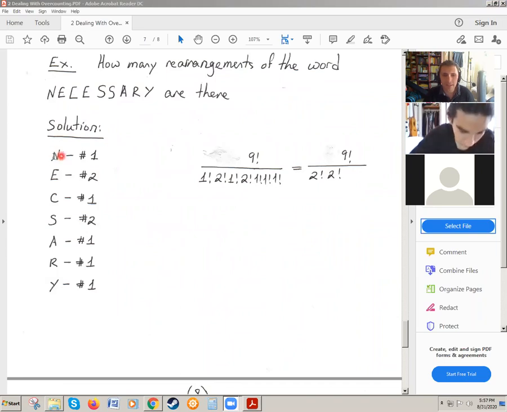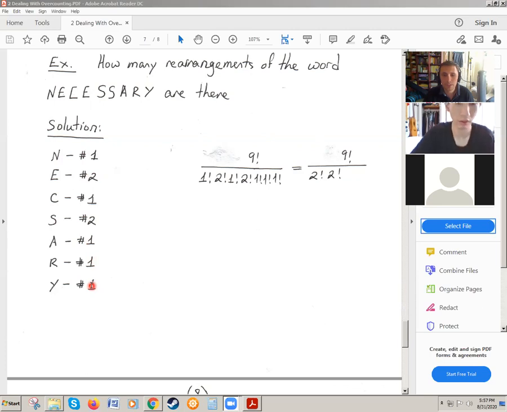In general, I cannot tell N's apart or E's apart or C's apart or S's apart. They are all the same. But I imagine that somewhere on there, maybe they have a serial number. So how many copies of each letter do we have? We have one copy of N, two copies of E, one copy of C, two copies of S, one copy of A, one copy of R, one copy of Y.